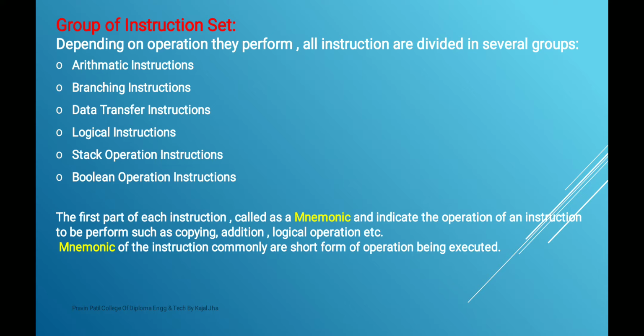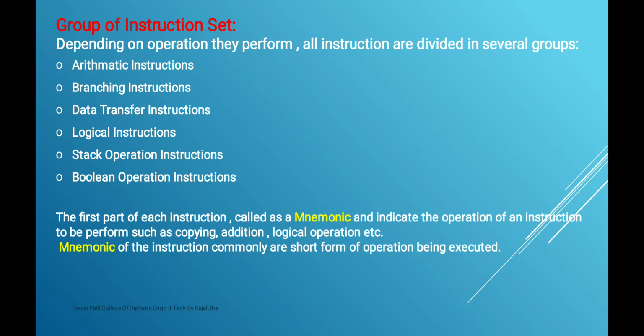The first part of each instruction is called the mnemonic, and it indicates the operation to be performed, such as copying, addition, or logical operations. The mnemonic of an instruction is commonly a short form of the operation being executed.